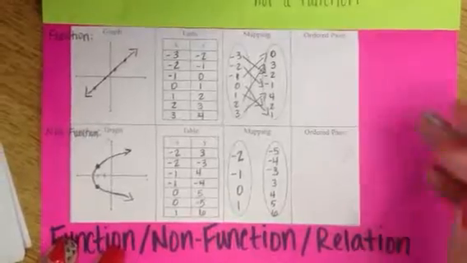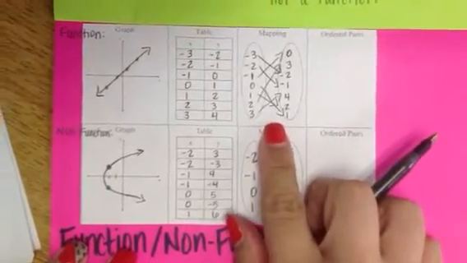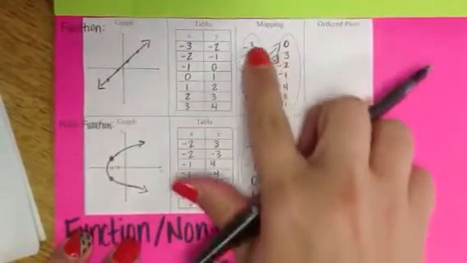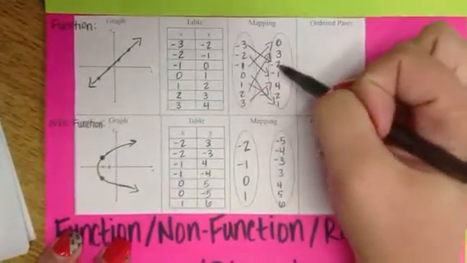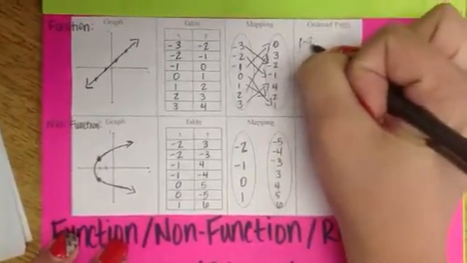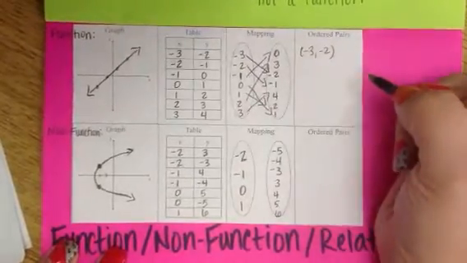And then ordered pair, if y'all don't understand what mapping is, just follow the arrows and write out ordered pairs. So -3 is paired with -2. So that would be your ordered pair.